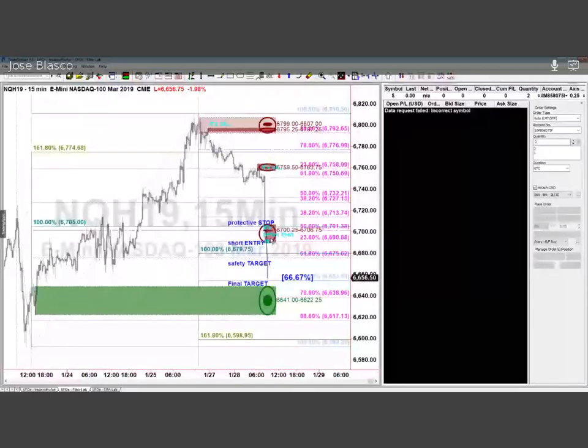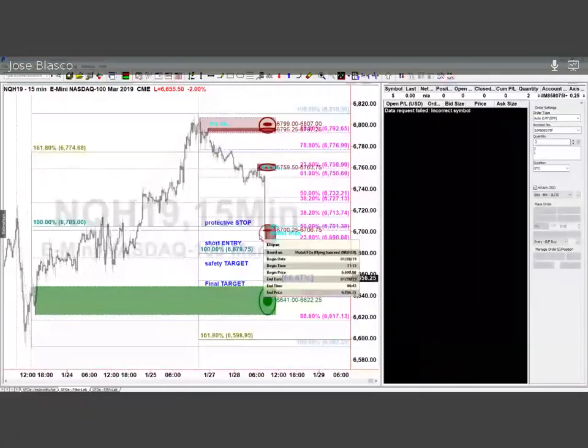Perfect. So again, ready to put those figures in place. A little challenge for space here on the screen. So we have 6690 and 6706.75. That will be the first stop.